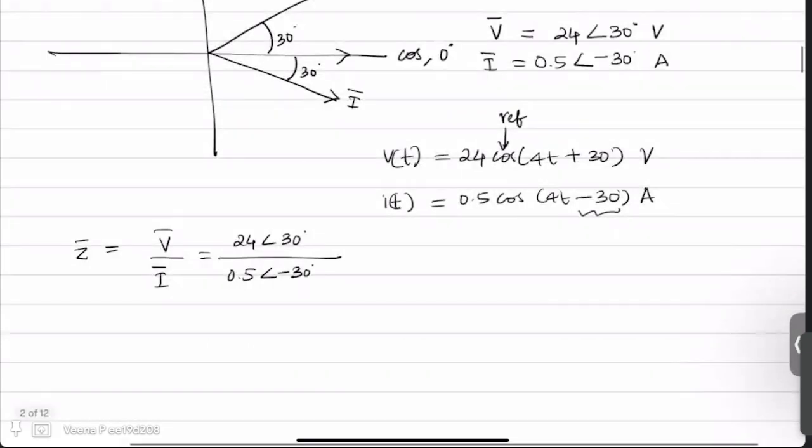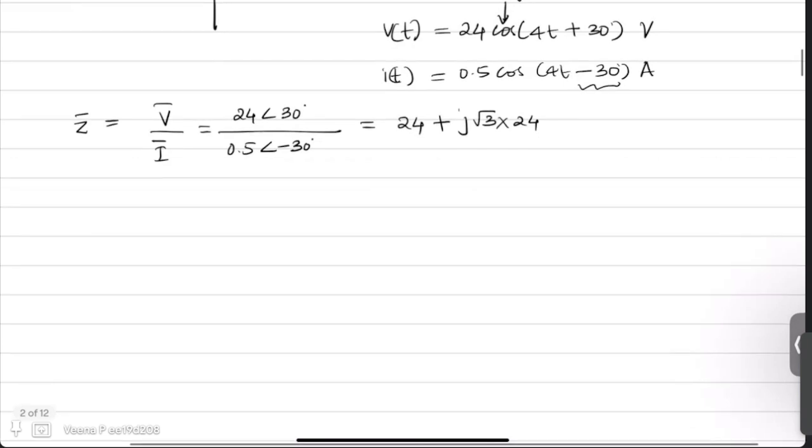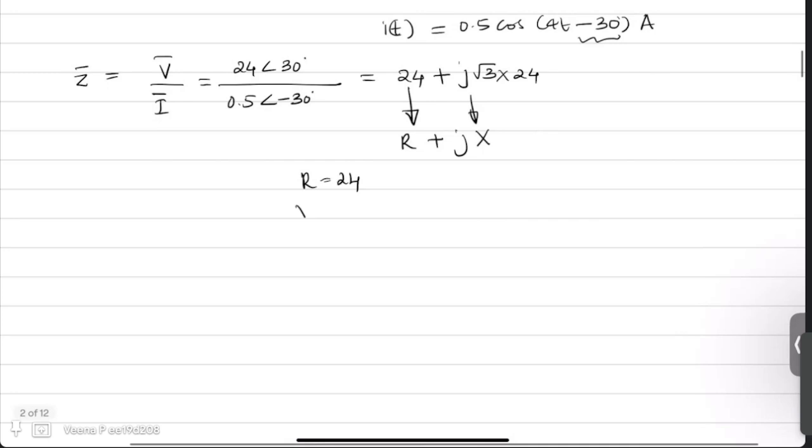So this comes out to be 24 plus j root 3 times 24. That means it has two components, R plus jX, where R is 24 and X is 24 root 3.